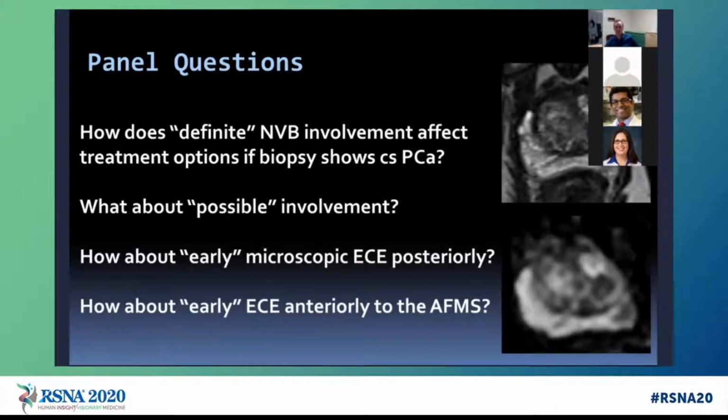If there is anterior ECE or early ECE, that doesn't cause much of a problem at all. But posterior disease gives us pause to offer or want to place a rectal spacer, if nothing else, because of the theoretical risks of having that spacer be involved with the tumor.